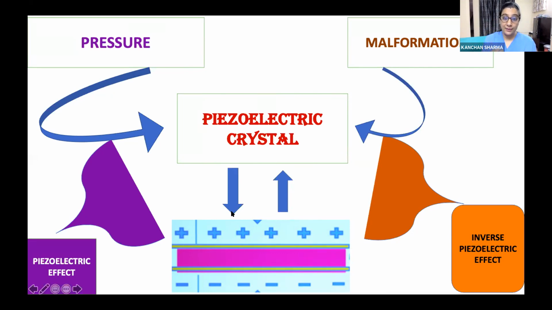And if I apply electrical potentials to these crystals, that results in the deformation of these crystals. So mechanical energy gets converted into electrical energy, and electrical energy gets converted into mechanical energy. When mechanical energy is converted into electrical energy, that is the piezoelectric effect.